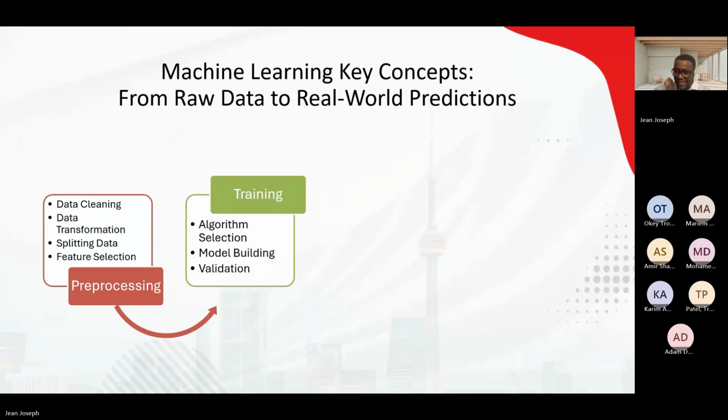During the training phase, the model or the machine learning algorithm learns patterns from the pre-processed data. So the model adjusts its internal parameters to minimize the error between its predictions and the actual outcome.